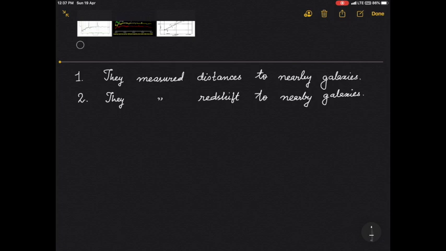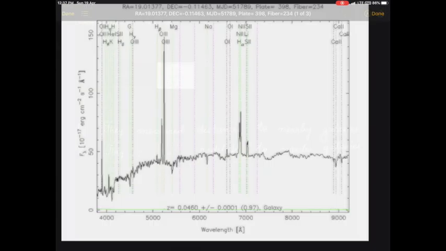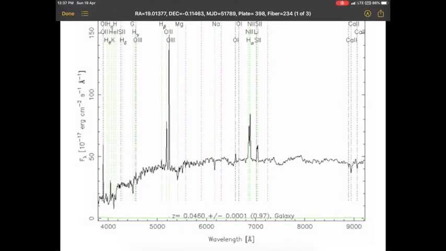Okay, let me show you one of the modern day measurements of the redshift to galaxies. The luminosity distance measurement we have already talked about. What is luminosity distance and how it is related to things that we'll discuss today will be talked about in a later class.